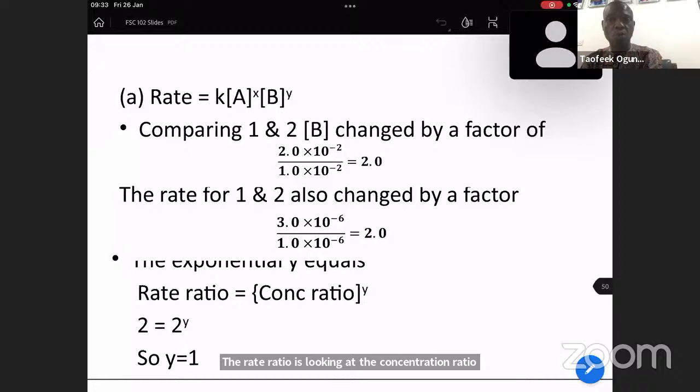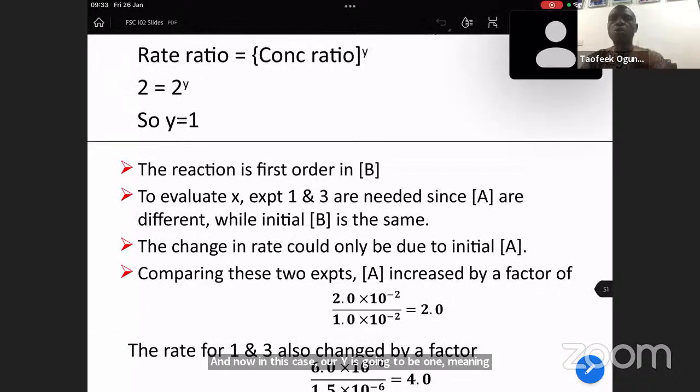In this case we're talking about Y, so the rate ratio is equal to 2, the concentration ratio is equal to 2, and we raise it to the power of the order of reaction, which is Y. In this case, our Y is going to be 1, meaning that the order with respect to B is 1. So the reaction is first order with respect to B.